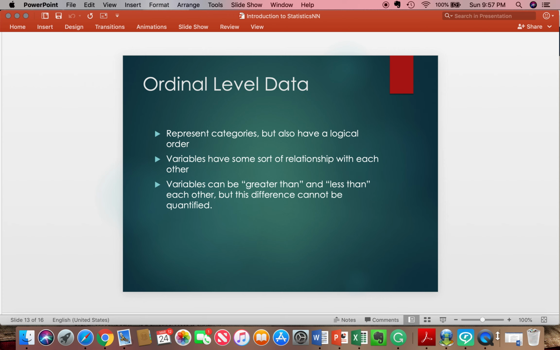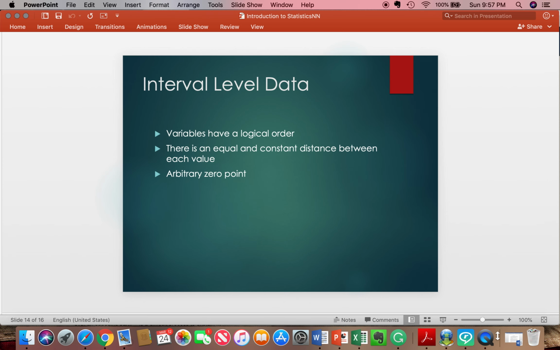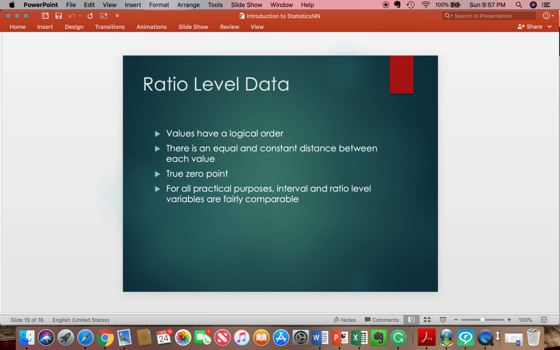Variables have some sort of relationship with each other, with variables being greater than or less than. And then you can read through your interval and your ratio. I'll add a video this week that really breaks these down with examples, which will make it a little easier for you to figure out where your data is going to land.